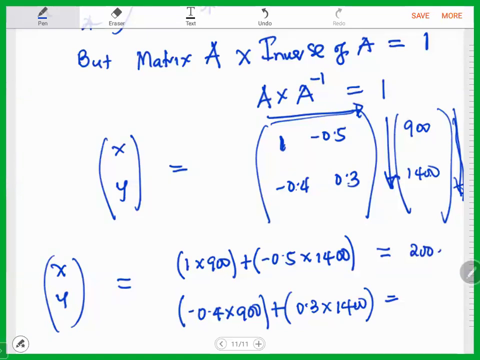Then negative 0.4 times 900 plus 0.3 times 1,400 is 60. So our X is equal to 200 and our Y is equal to 60.